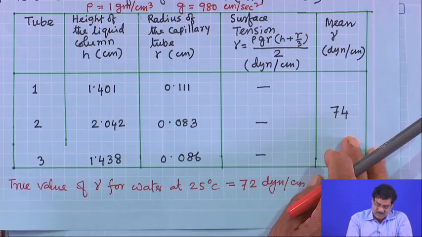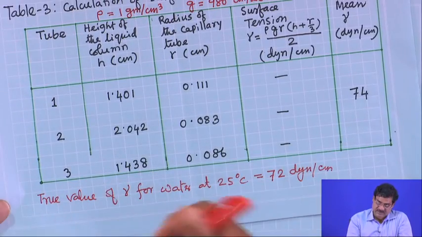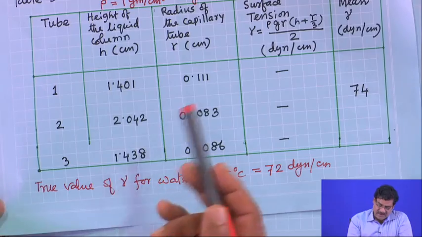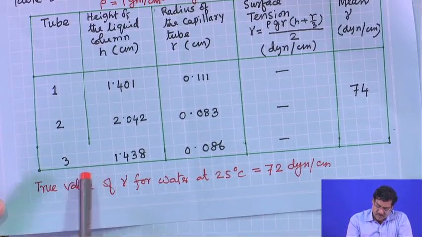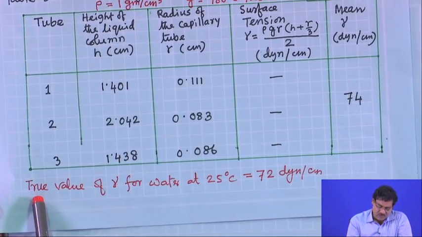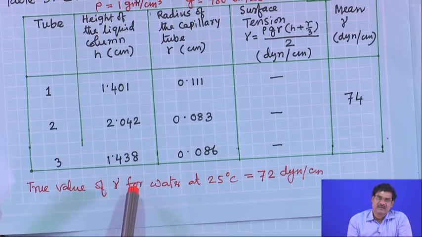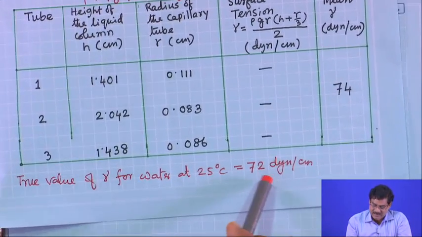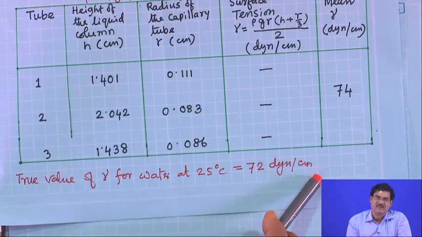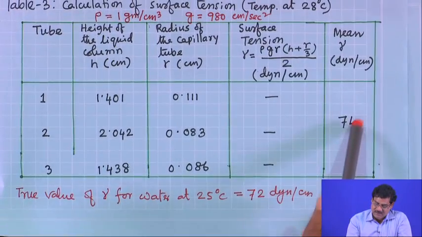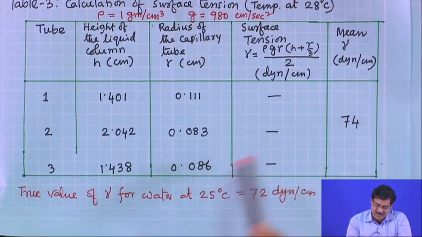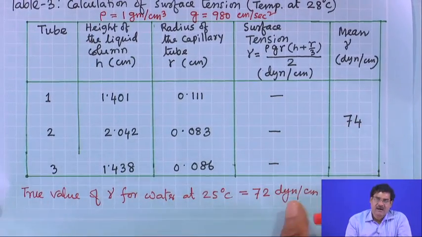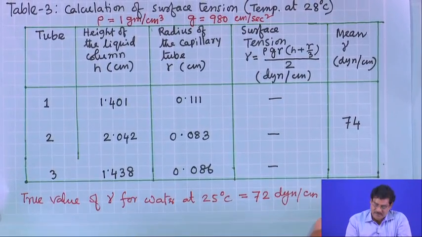But if we see the table supplied, from the data sheet, the true value of surface tension for water at 25 degree centigrade is 72 dyne per centimeter. In our case it is 74, which is close to the true value. So, I think this measurement is quite okay.